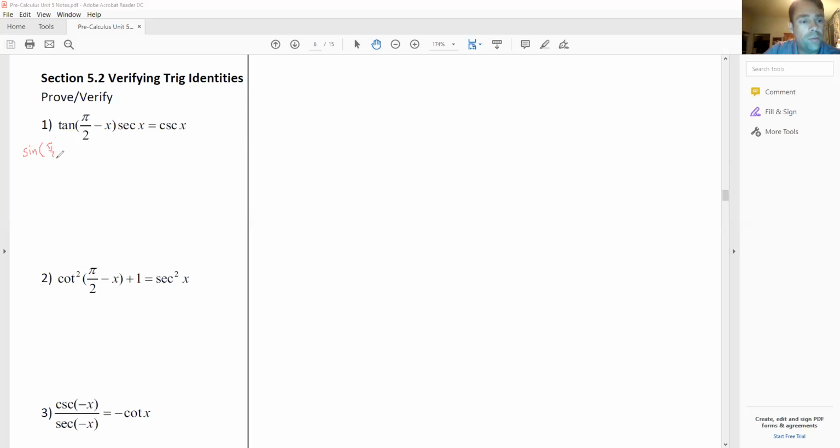And we dealt with these back when we looked at complementary angles in trig. This equals cosine. And furthermore, we could say cosine of pi over 2 minus theta equaled sine.